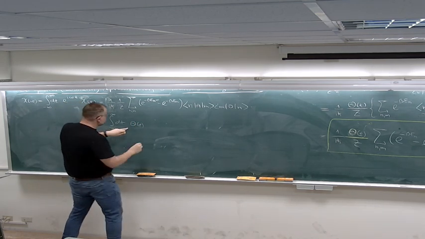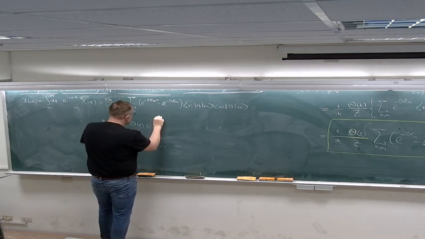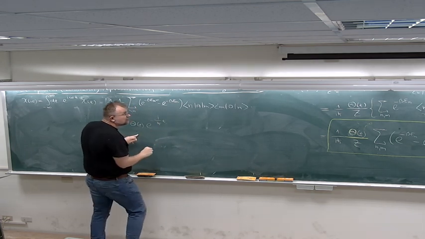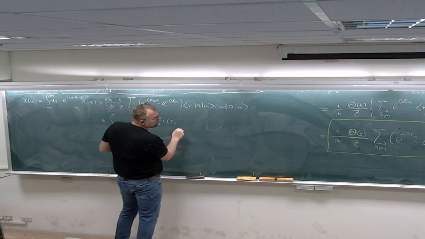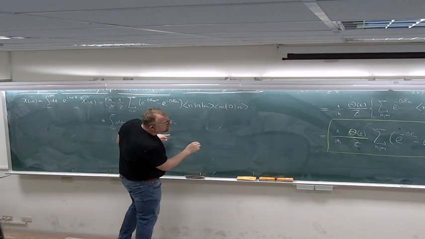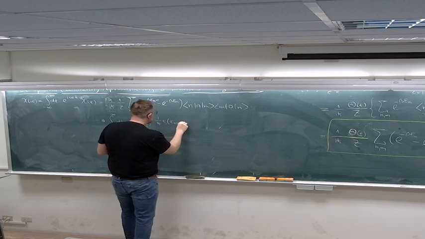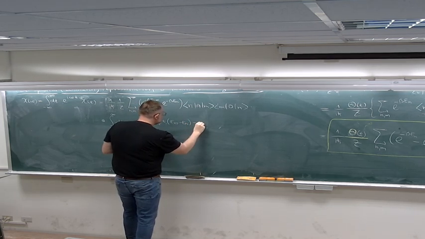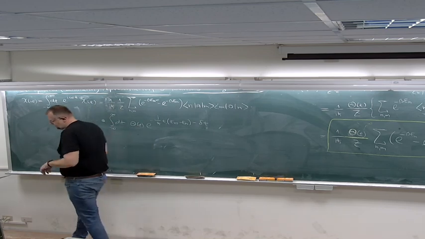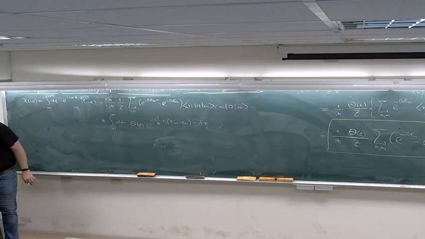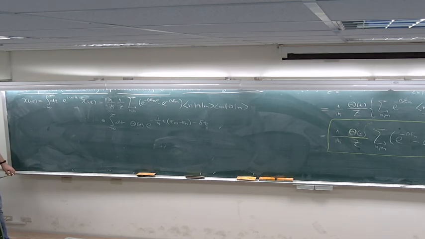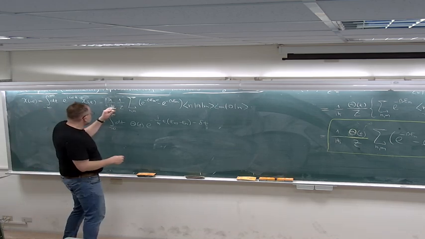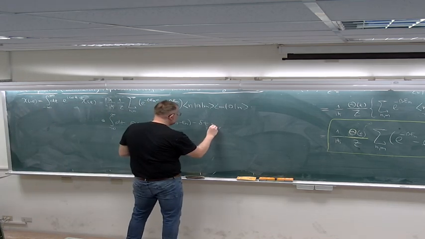And what we got was e to the minus i over h-bar, E_m minus E_n, minus delta, and since I'm doing the Fourier transform, omega t.